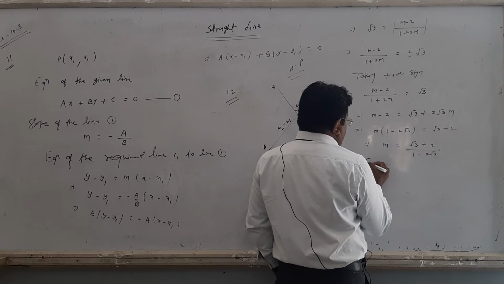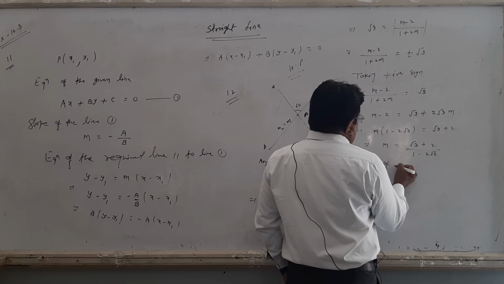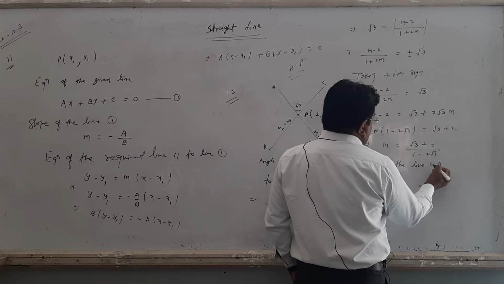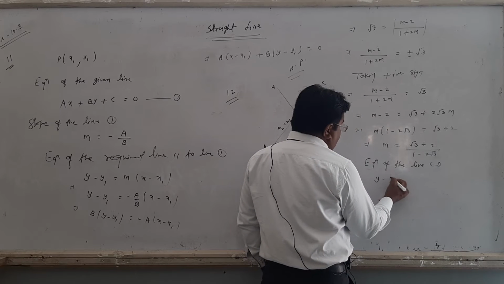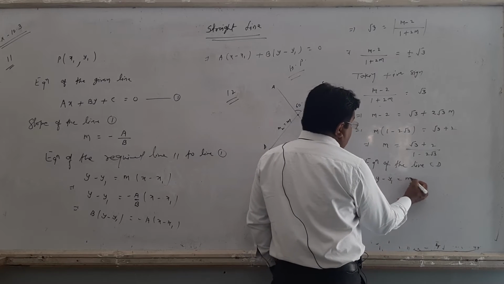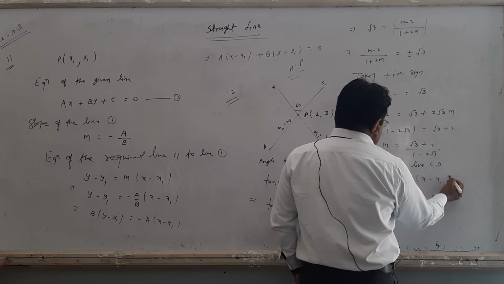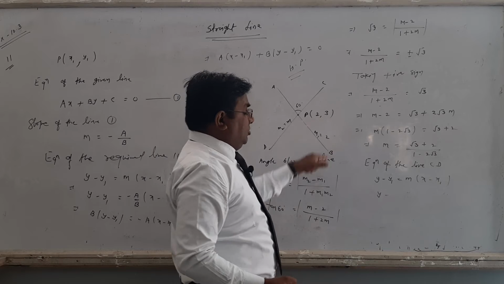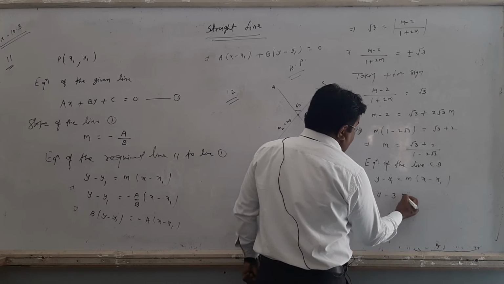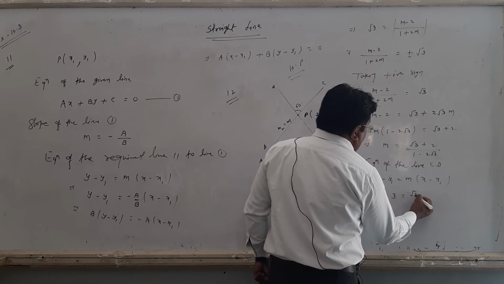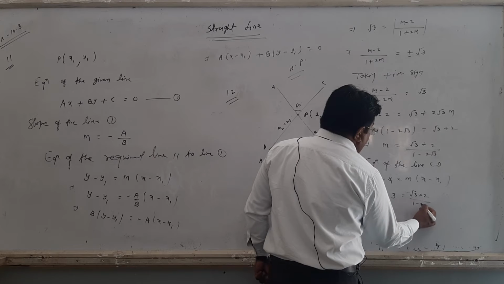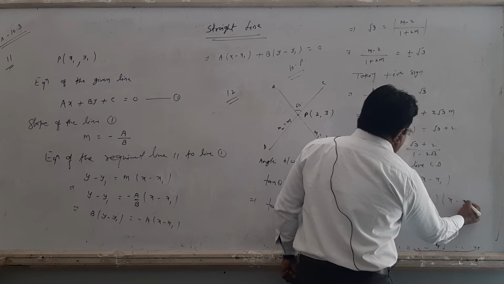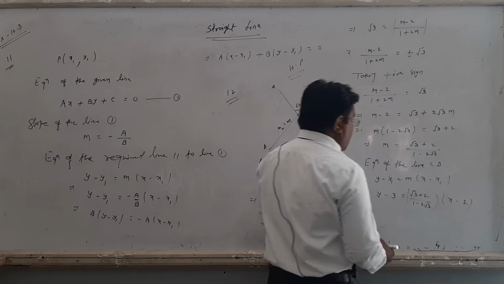Okay, now find the equation of this other line, that means equation of the line CD. So what is the formula of equation of line? y minus y1 equals m (x minus x1), right. x1, y1 is given, x1 is 2 and y1 is 3. So y minus 3, and m slope is (root 3 plus 2) upon (1 minus 2 root 3), then x minus 2.